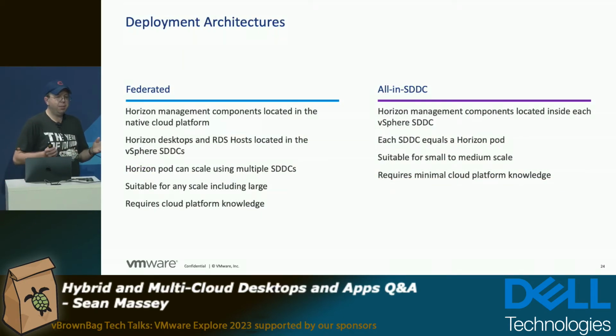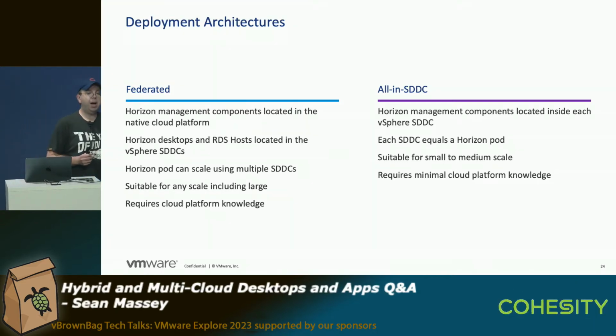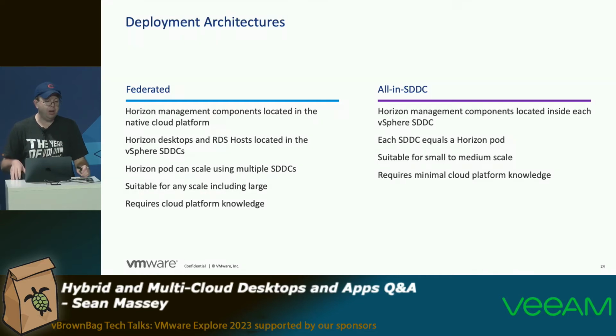So just to summarize the two deployment architectures that we have: the federated model is where we put all our management components in a native cloud platform. All of our desktops and RDSH servers are located in our cloud-based SDDC, the cloud-based VMware environment. And we can scale that using multiple SDDCs.